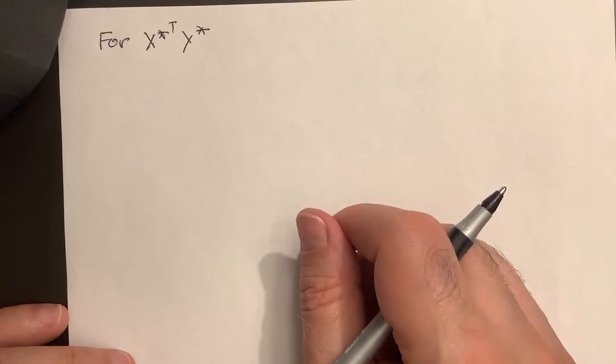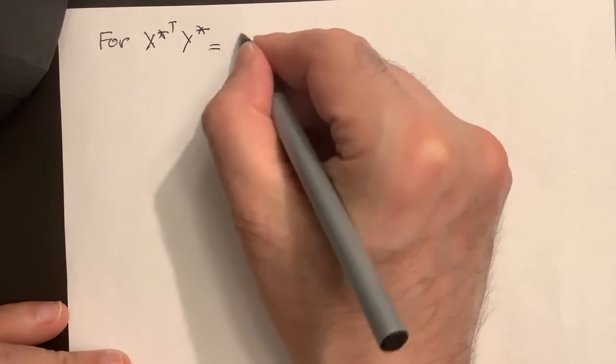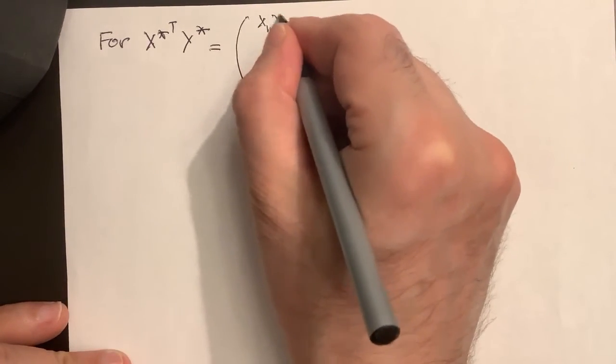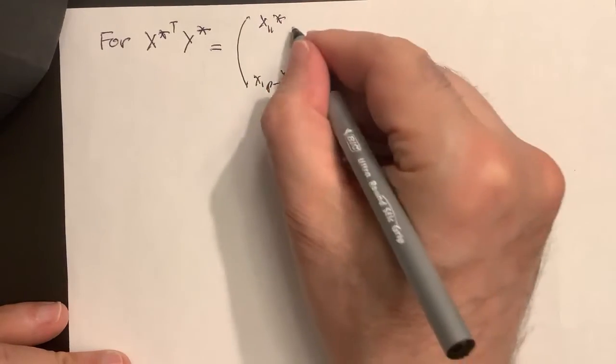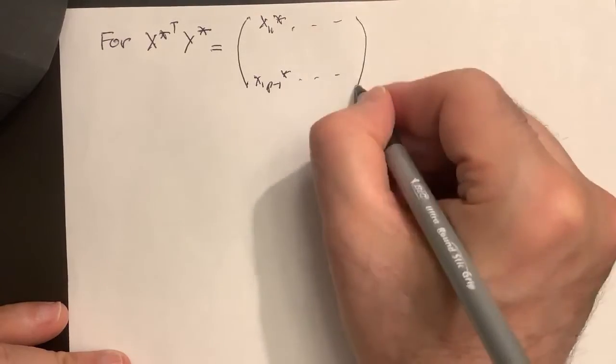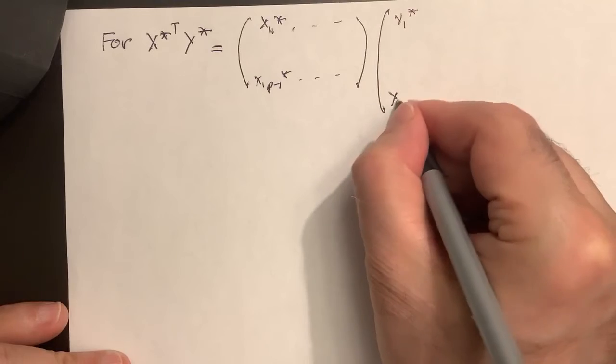Now for this one, it's going to be similar. We just have this is equal to, again, x11 star through x1,p-1 star, and I have y1 star through yn star.